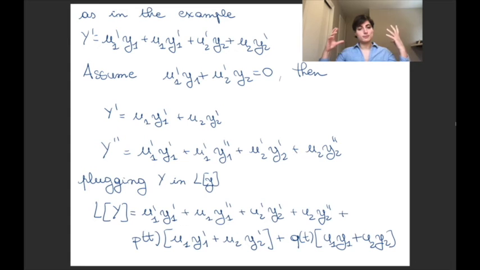And we plug this information in our differential operator. So we have y'', that is u1' y1' plus u1 y1'' plus u2' y2' plus u2 y2'', plus p(t) times y', so p(t) times u1 y1' plus u2 y2', and q(t) times y, that is q(t) times u1 y1 plus u2 y2.